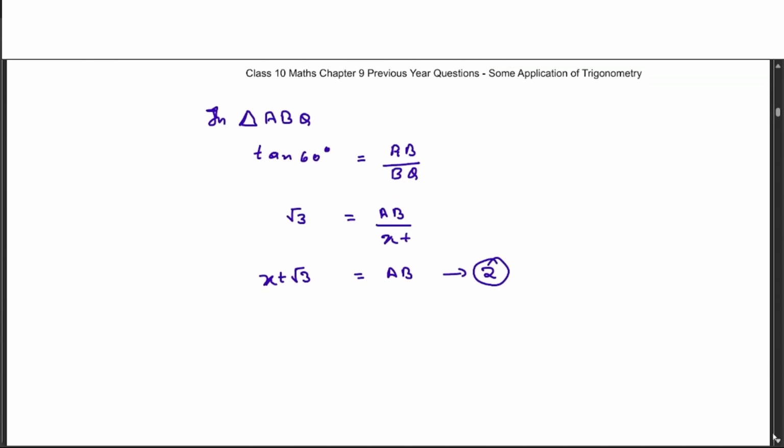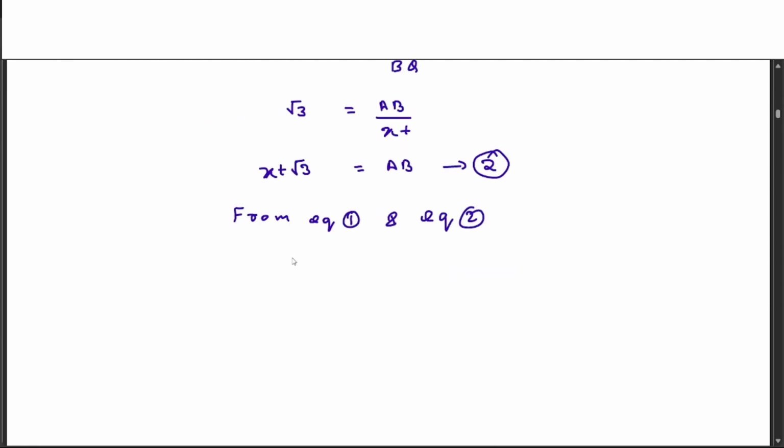So from equation 1 and equation 2, we can say here x times (6 plus t) over root 3 equals root 3 xt.